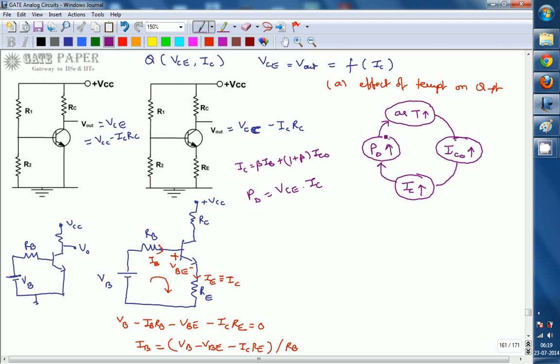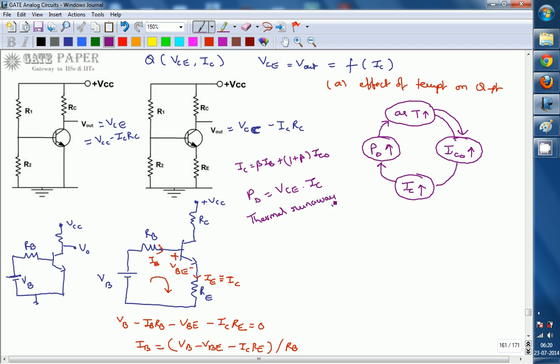Since power dissipation is increasing, temperature increases again, and whenever temperature increases, IC increases, power dissipation increases, and temperature increases again. Within no time the transistor breaks down. That is what we generally call thermal runaway.